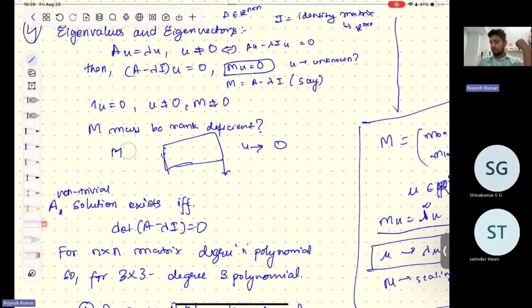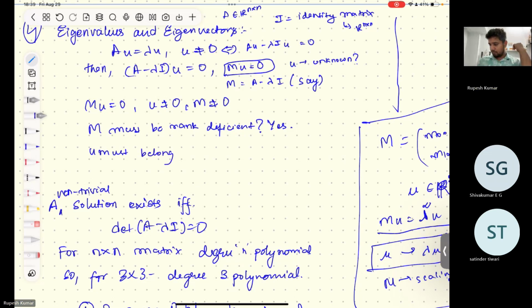These things can only happen if U belongs to the null space of the matrix M. Everyone, do you agree with this or not? If not, I can go back to some basic concepts again.